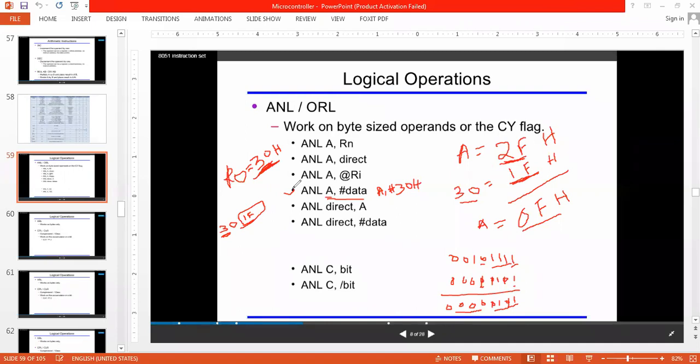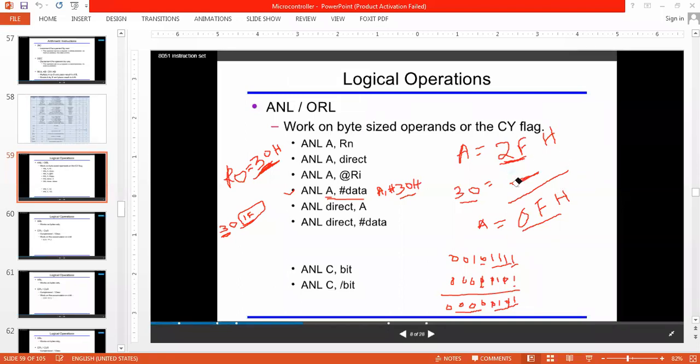Is it 1FH? Calculate it. It is not 1FH. See, direct data is present here. So put the direct data. Yes, it is 20H.